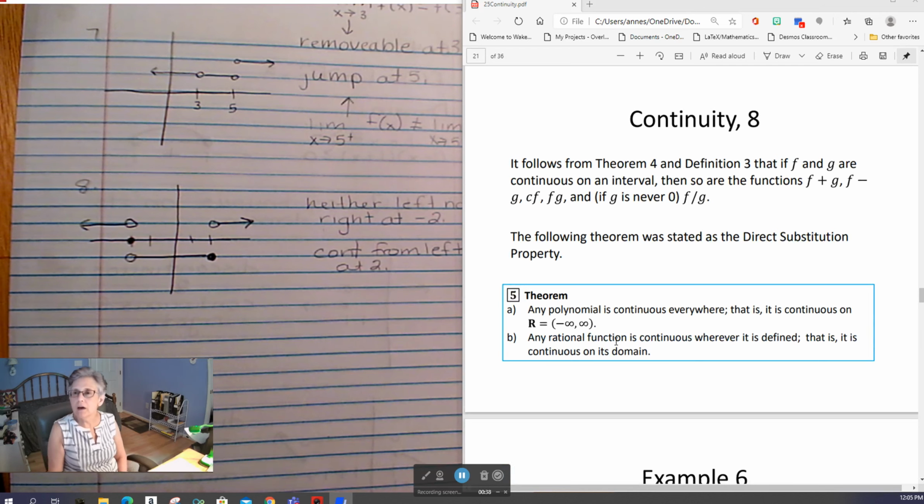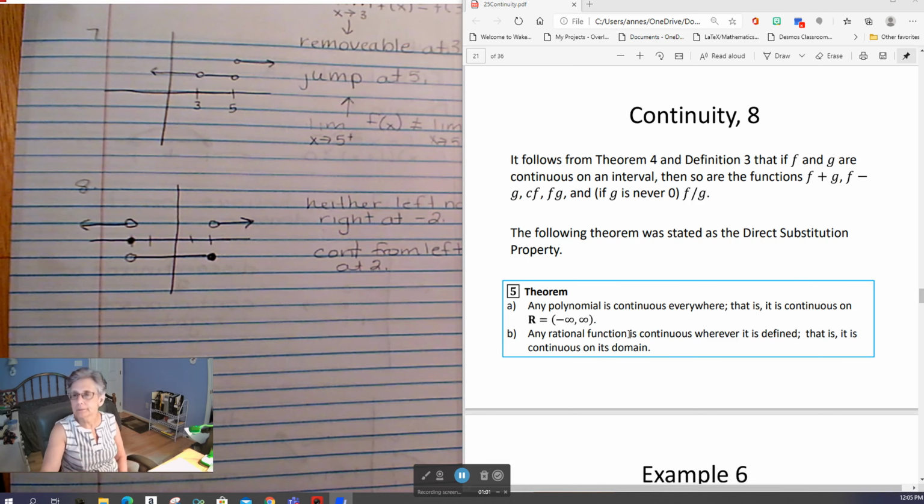So if f and g are continuous on an interval, then so are their sum, product, difference, quotient, as long as you don't have a 0 in the denominator. So, polynomials are continuous everywhere. Rational functions are continuous everywhere that they are defined. That means as long as the denominator is not 0.